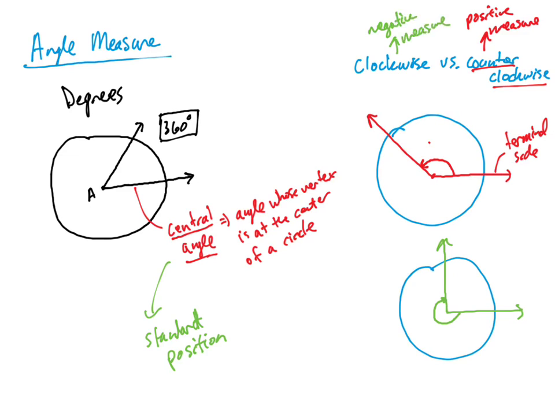Over here it looks like we have 90 degrees, and we know all the way around the circle is 360, so about 360 minus 90. It looks like this ray has gone 270 degrees, but in the clockwise direction, so we would say this is a negative 270 degrees, for example.